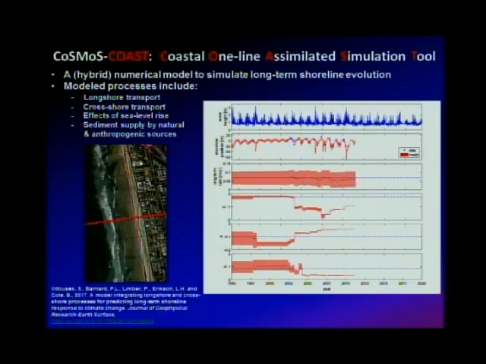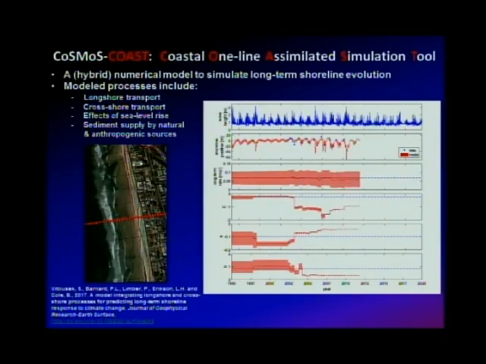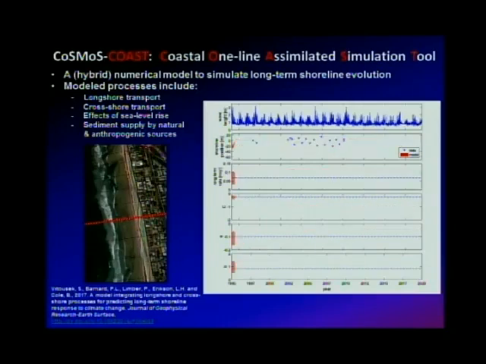As coastal scientists and modelers, we often have on the lower three panels these parameters which need to be tuned for each local site, and we often need to guess. We don't have enough local data to know how the beach will respond to wave energy, what the grain size might be. So what this model does is called data assimilation. It takes all the shoreline data, and on the top is the wave energy, and the middle is the shoreline observations.